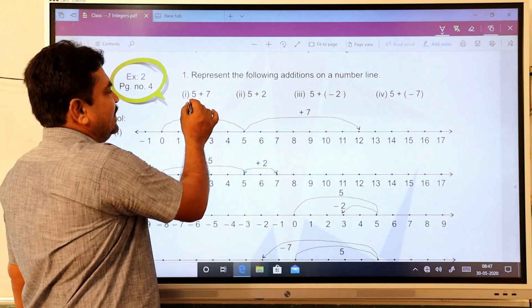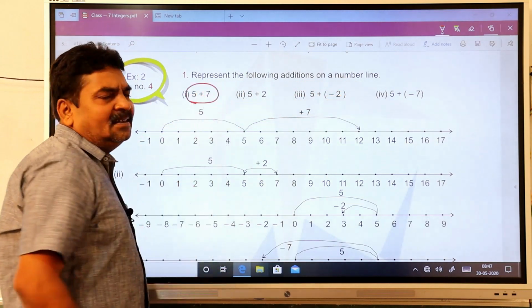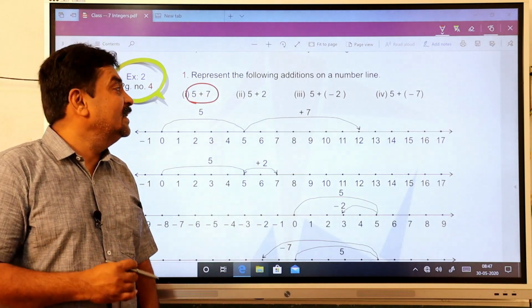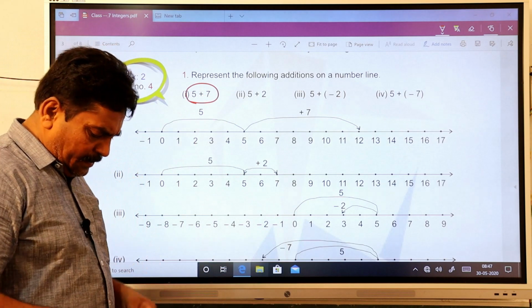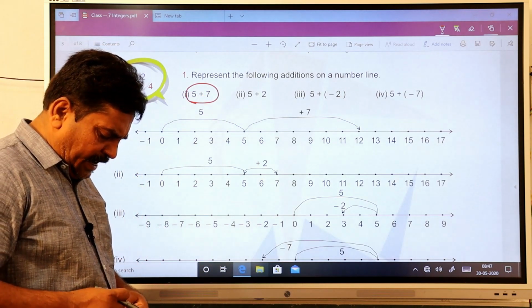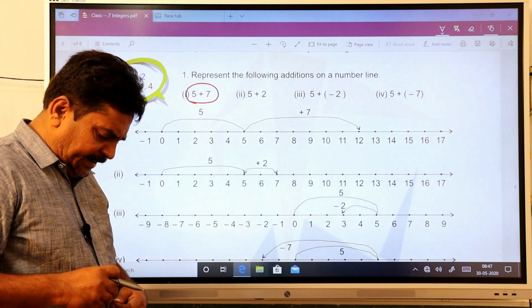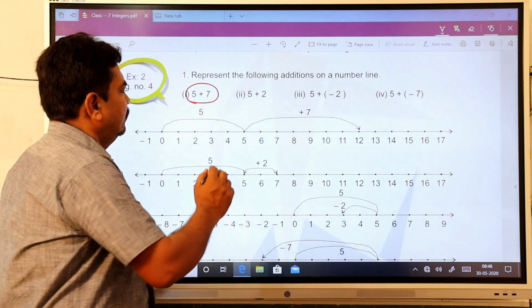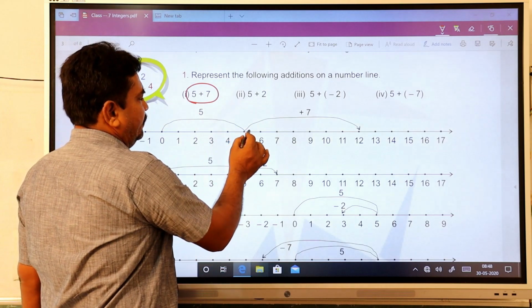5 plus 7. The first one you have is 5 plus 7. Both are positive values. So how are you going to do this when you have a positive value? Let's see. This is your 5.